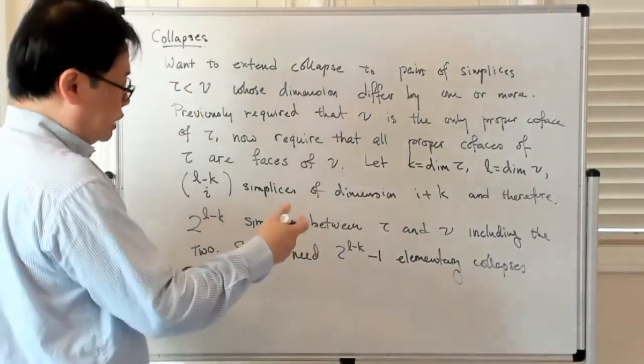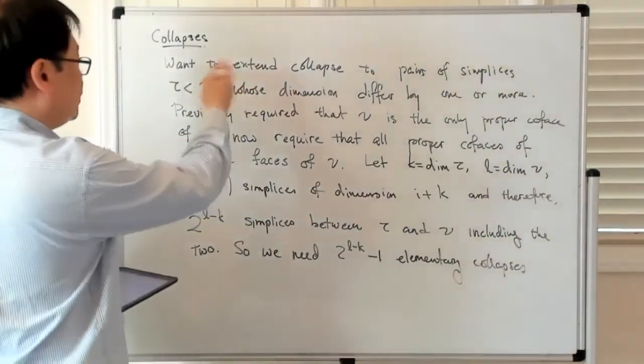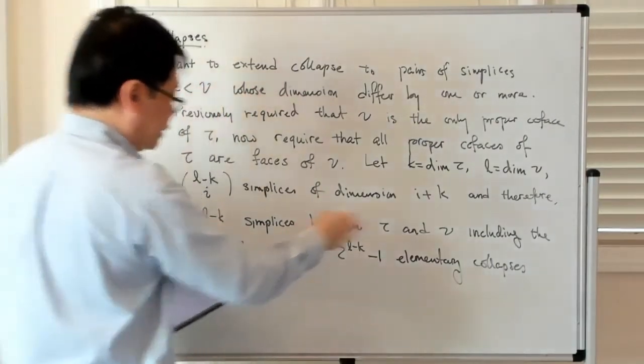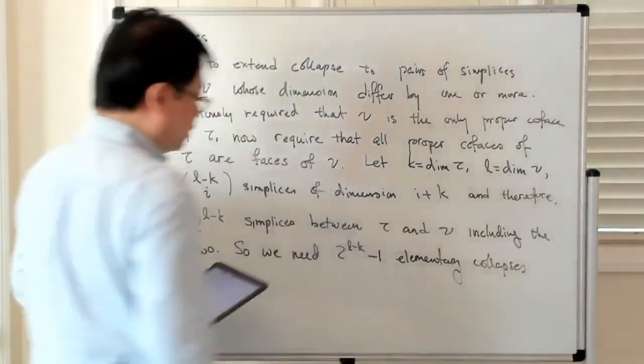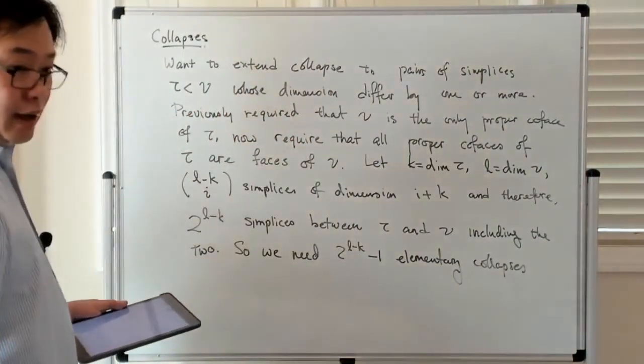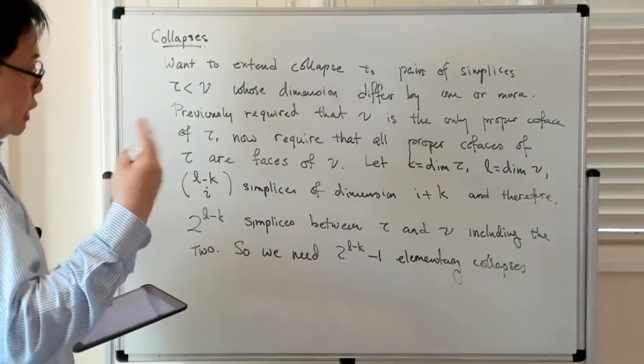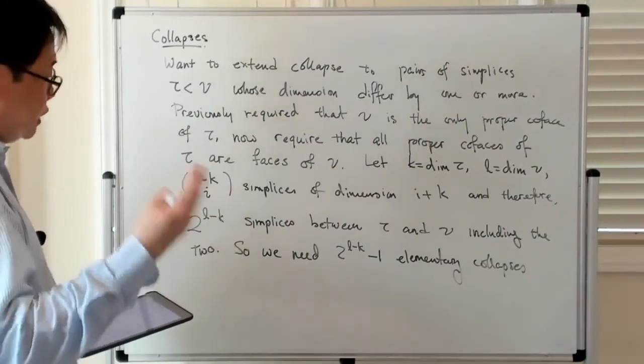And again, the point is that you can decompose this collapse of nu to tau into a sequence of 2 to the L minus k minus 1 elementary collapses, where elementary collapses refer to collapsing a simplex of dimension k plus 1 to dimension k.